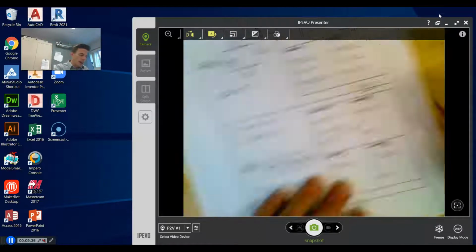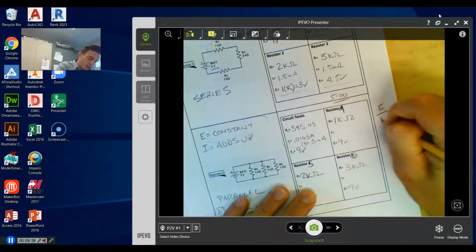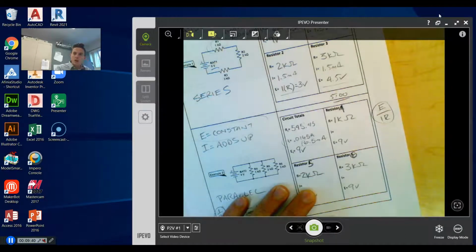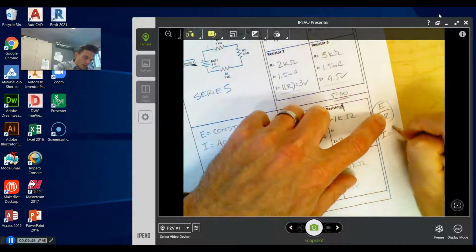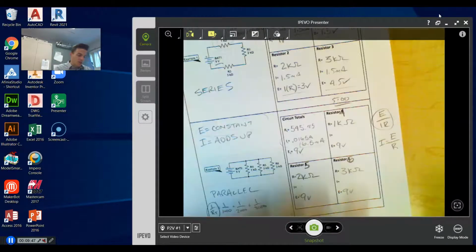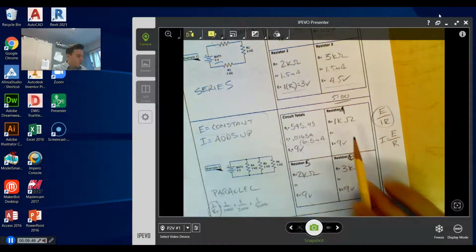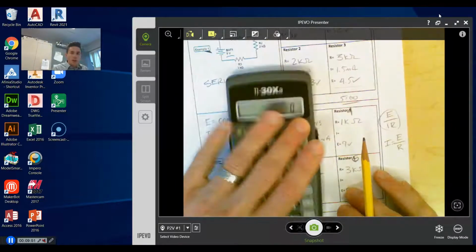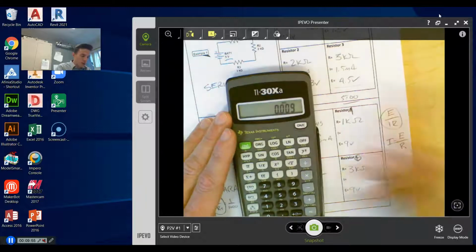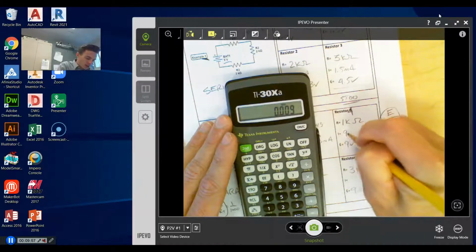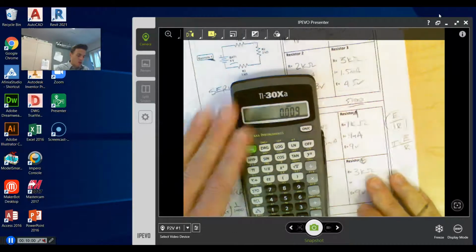So again, when we look at this, we have E over I times R. So here we're looking for I. So I is equal to voltage divided by resistance. For this one, we have 9 divided by 1,000, 0.009 or 9 milliamps.